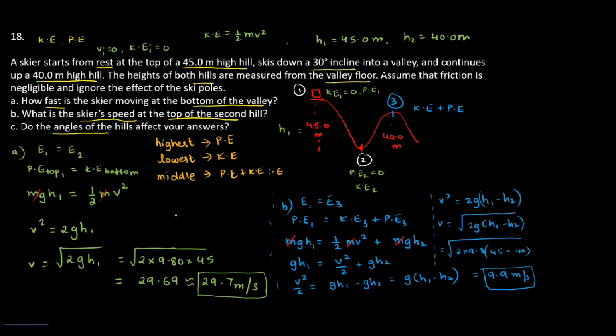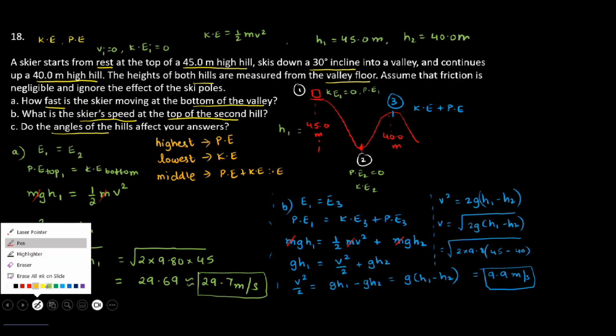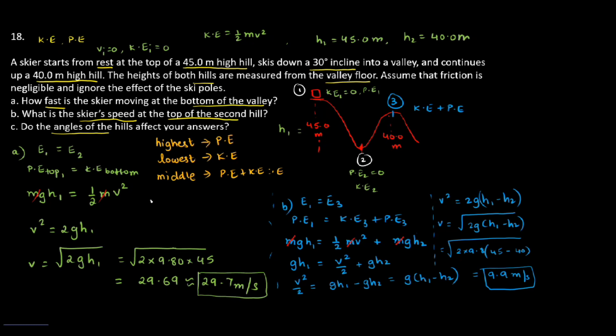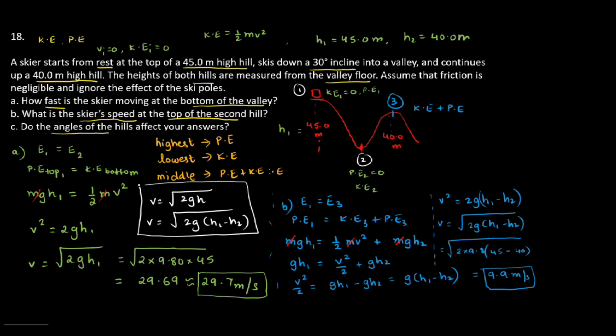And if you have noticed, to find the speed in both cases, I have used the same rule for v. That goes as v equals square root of 2gh. And if this h was a height difference between two points, then we rewrite this expression for v as square root of 2g(h1 minus h2). So this is the expression we use to find the speed.